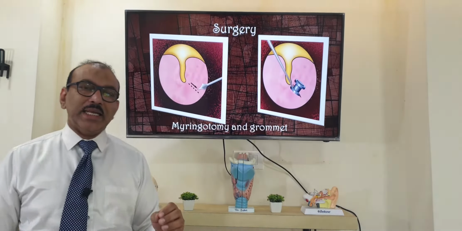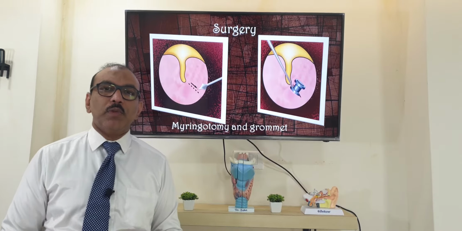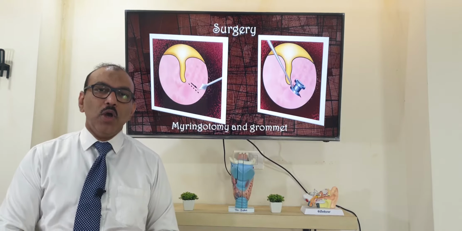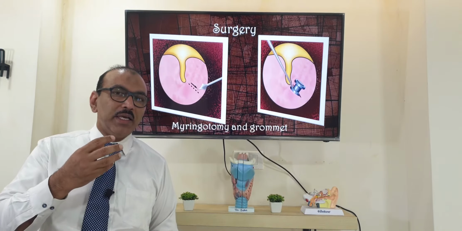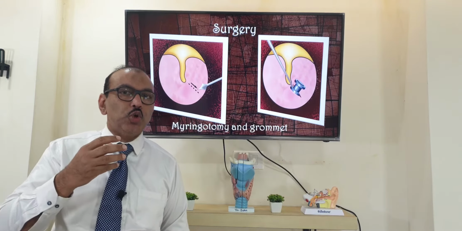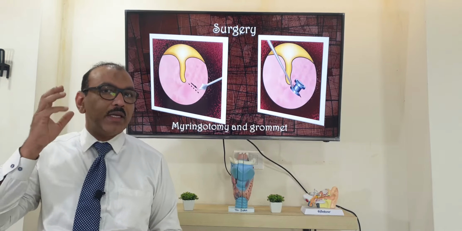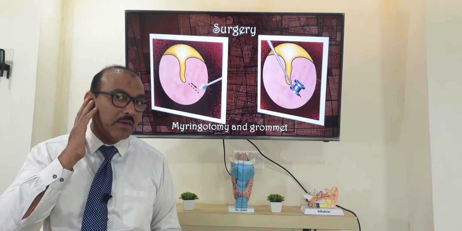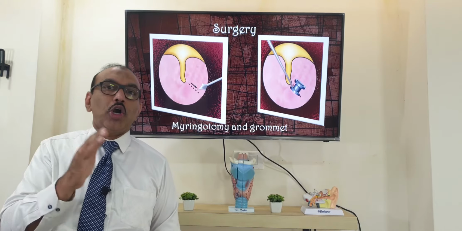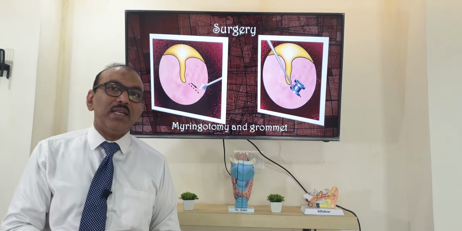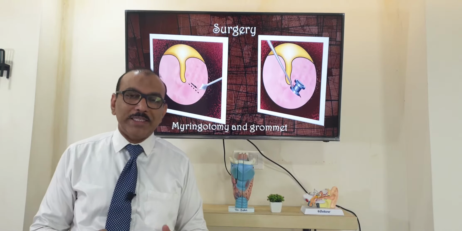For surgical techniques, we have 2-3 options. Whatever air is there in the nasopharynx reaches the middle ear through the patent eustachian tube, and the eardrum is intact, so it moves a lot. Because of that, the patient has all these complaints.